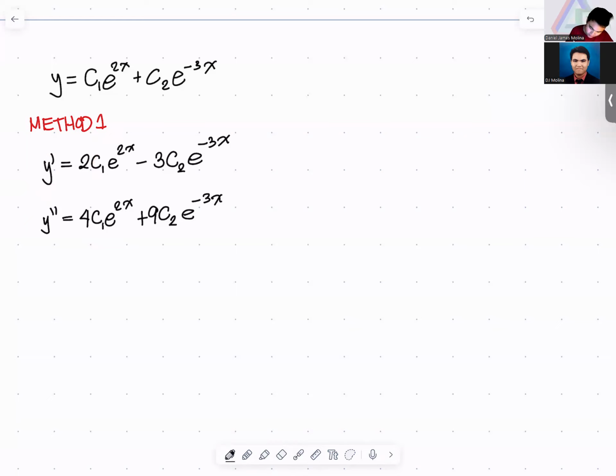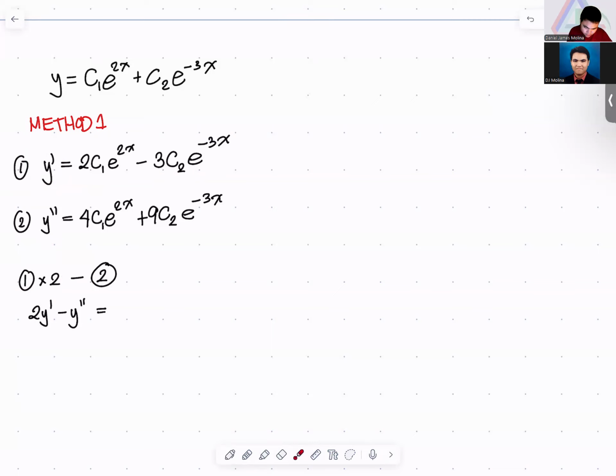So how do we do that? Let's call this equation 1 and equation 2. Let's try equation 1 times 2 minus equation 2. What will be the result? Multiply the whole equation by 2, that's 2y prime, minus the second equation, 2y prime minus y double prime.